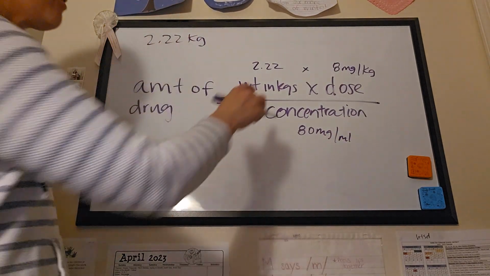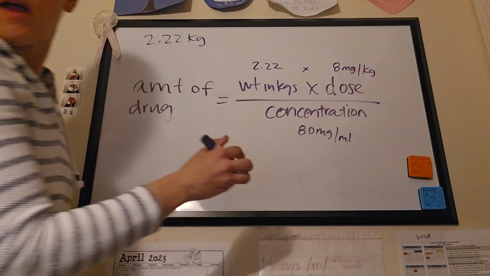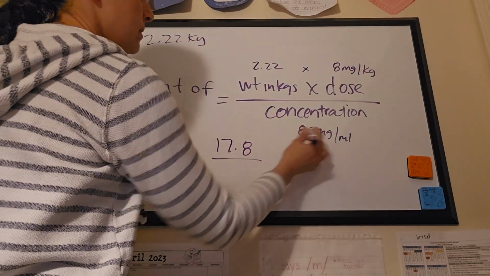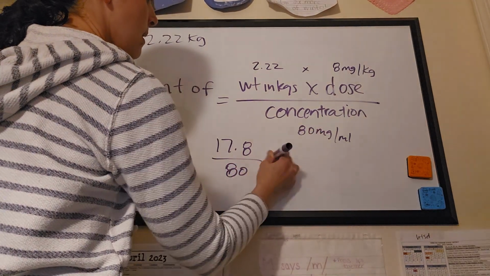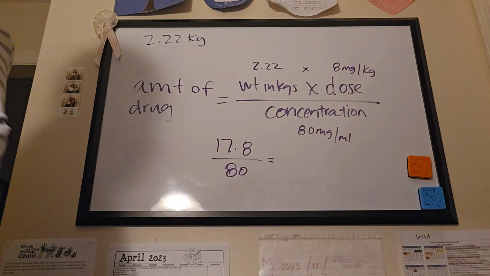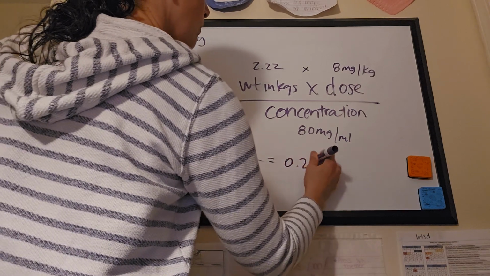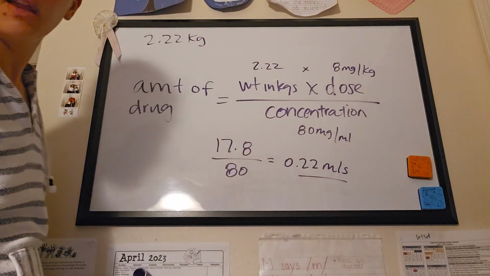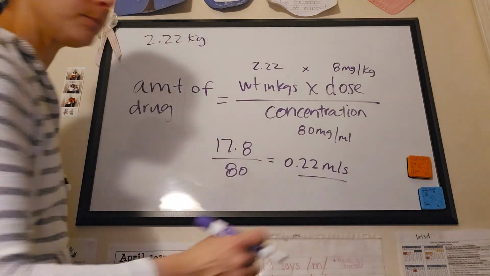Now, when I do that math, 2.2 times 8 is 17.8 divided by 80. And that will give us 0.22 mLs. Now that is the volume of Convenia that we will give to Morgan.